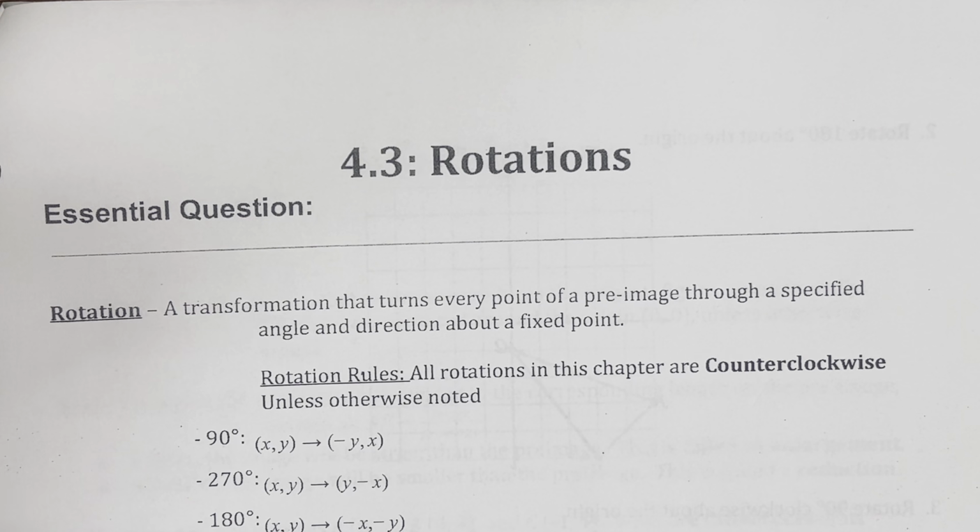S prime is at (negative 2, 2). B prime is at (negative 5, 4). There's B prime. And I prime is at (0, 5), straight up.